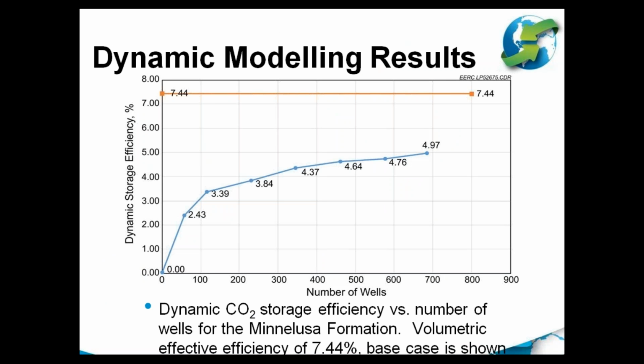As you might expect, and bearing in mind we are talking about injection over a 50-year period here, the blue line represents the storage efficiency produced by the model as compared with the volumetric efficiency, which is the orange line at the top. And you can see that in 50 years, in this case in the Minnelusa, volumetric efficiency is not nearly met, which is what you'd expect.